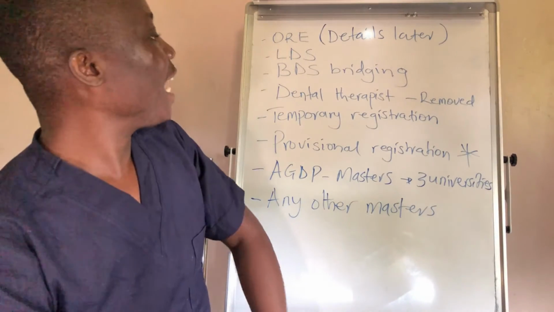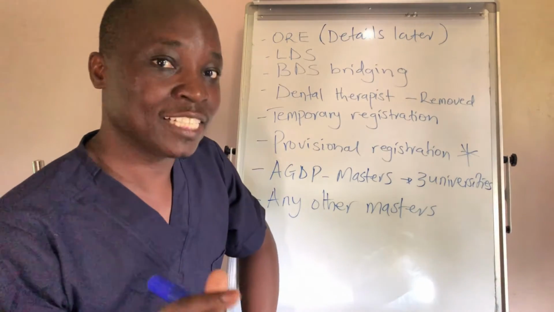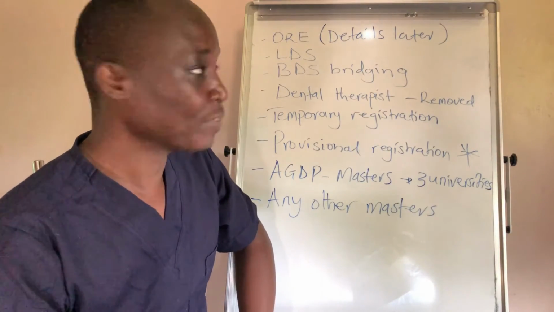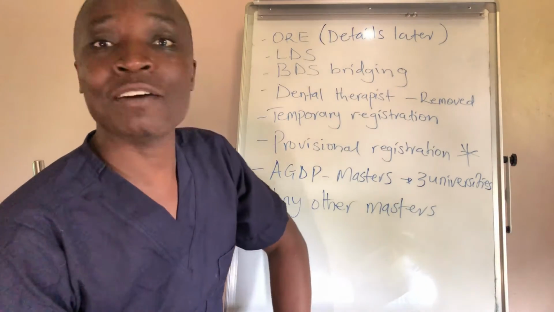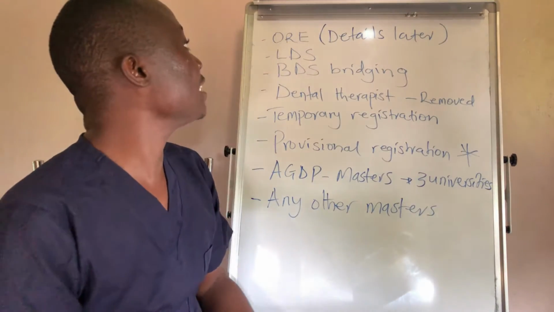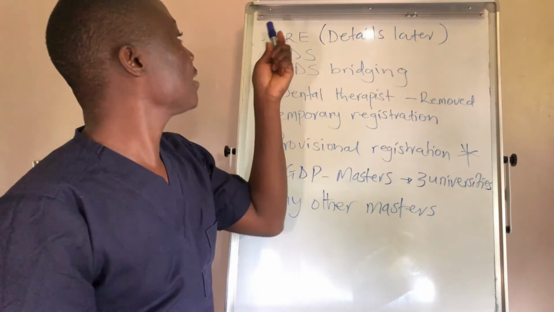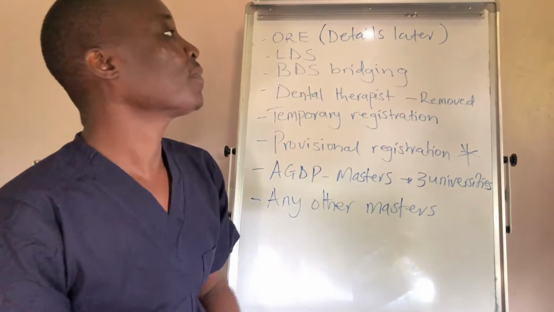So let's go. So guys, there are so many routes that you can take if you want to come and practice dentistry in the UK. And as you might have known, the most popular one is ORE. ORE stands for Overseas Registration Exams.